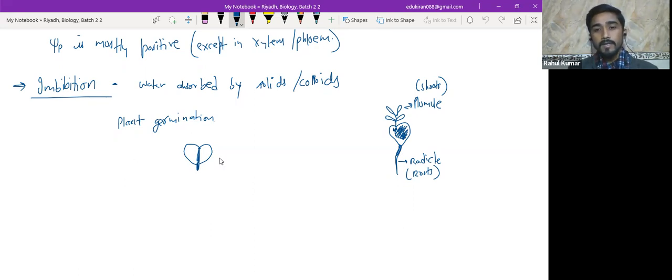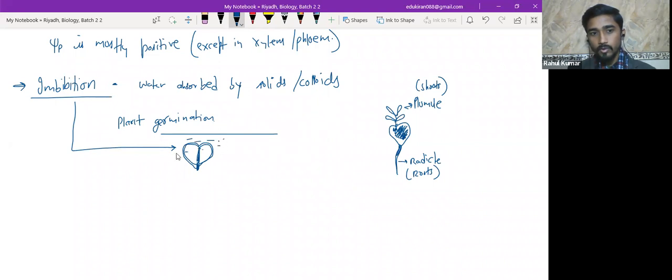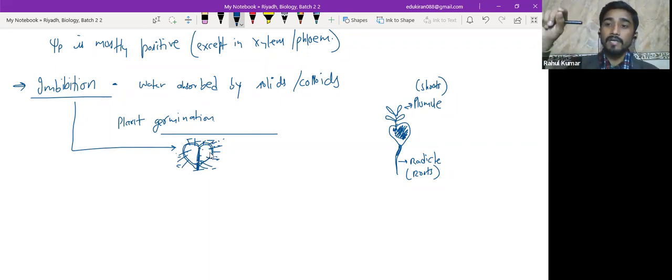Now this covering over the top of this seed is very hard, and to break it, the force of imbibition is very important. When you put a seed in the ground and water it, the water starts getting inside the seed and creates a pressure against this covering, and the covering breaks, and that's where the seed starts getting metabolically active and starts forming the radical and plumule.